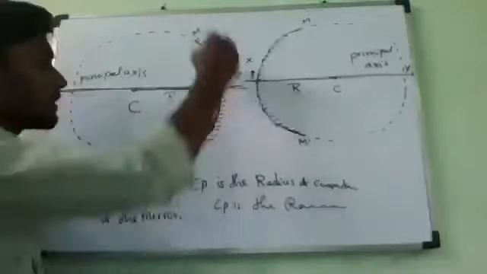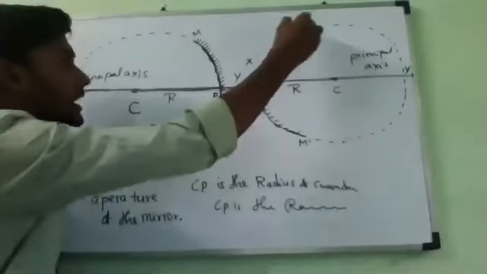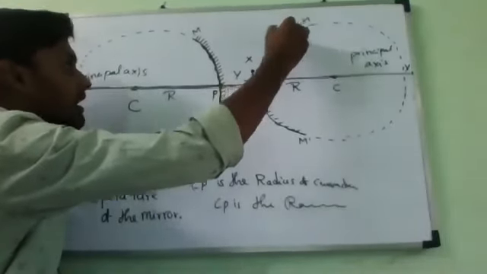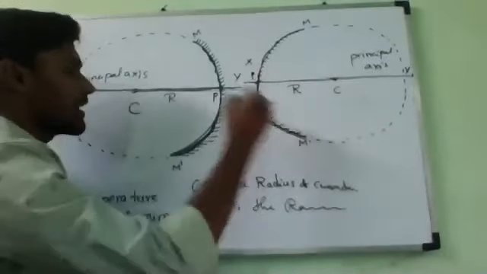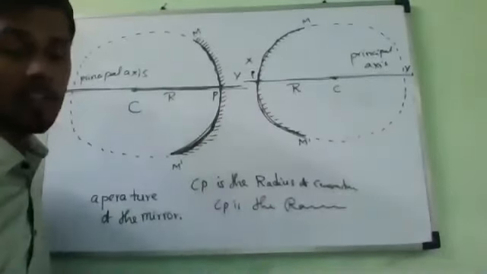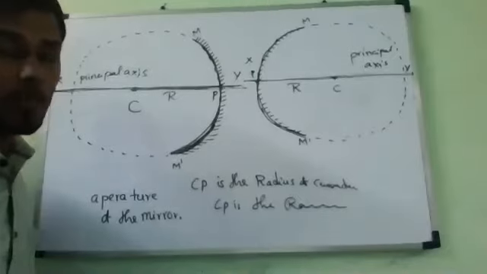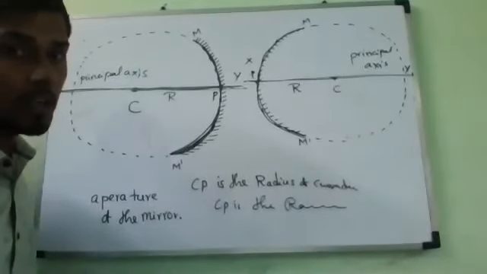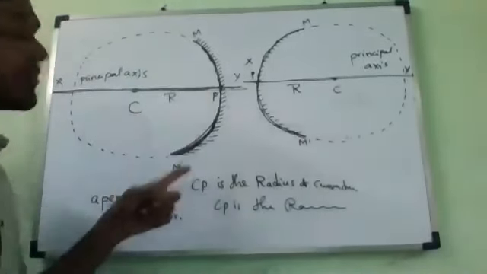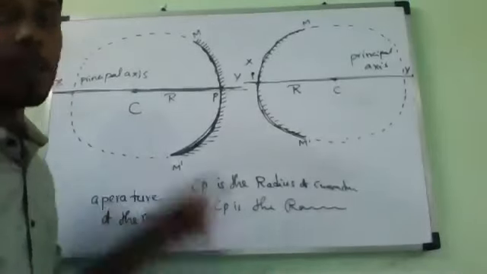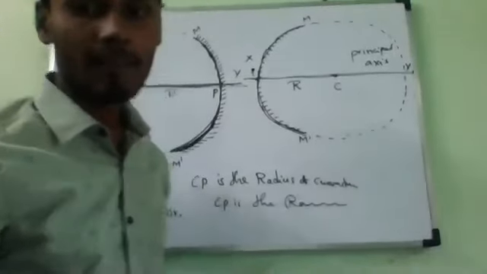Remember, you may observe here, here also I represented M and M dash, and here also M and M dash. Always mirrors we represent with M and M dash only. So this M and M dash is known as the aperture of the mirror. What we should call?